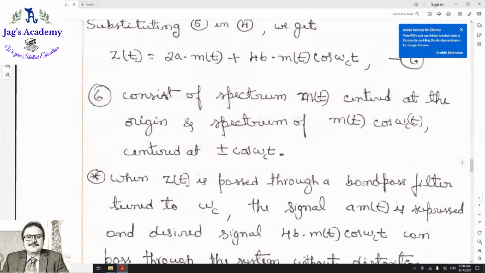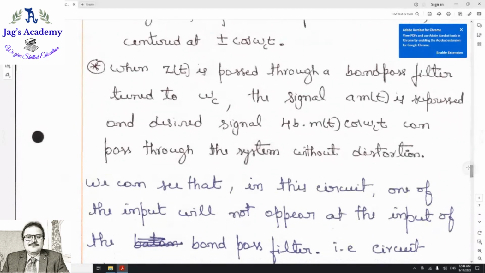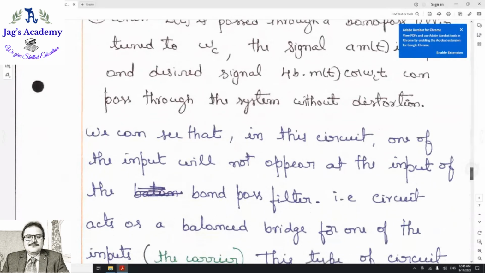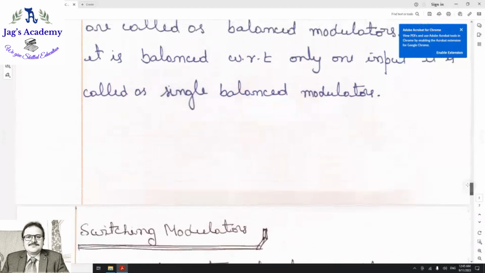Now, for demodulation, I can use the same technique, right? I can use the same technique. Multiply the signal with cos omega ct. So, this is the only modulation process where you use the same multiplier modulator for both modulation and demodulation. Yes or no?